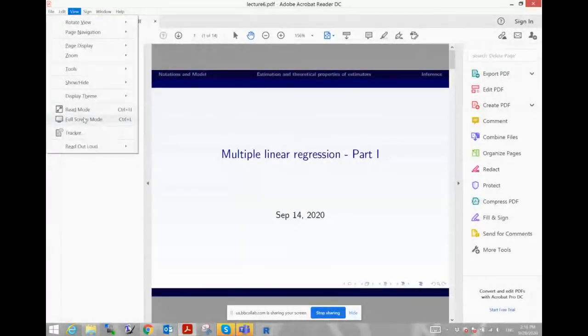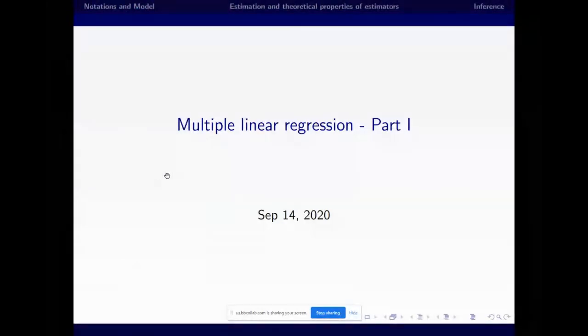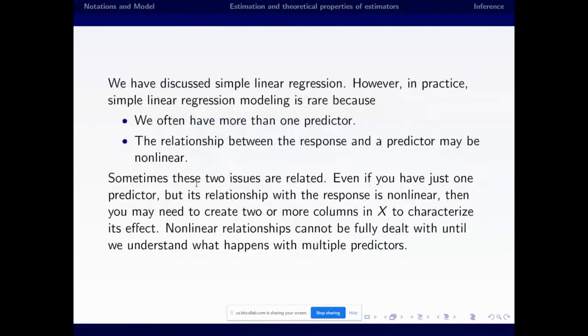Okay, now let's move on to the topic of multiple linear regression. We have discussed simple linear regression. However, in practice, simple linear regression modeling is rare because we often have more than one predictor. As I said last time, we often have more than one predictor in the data set.